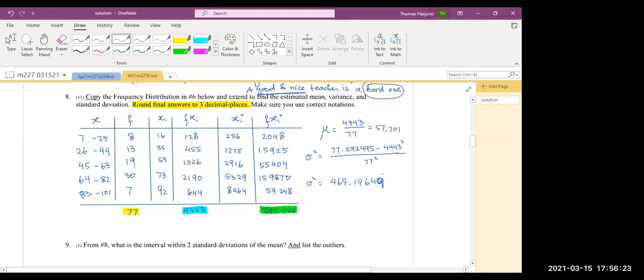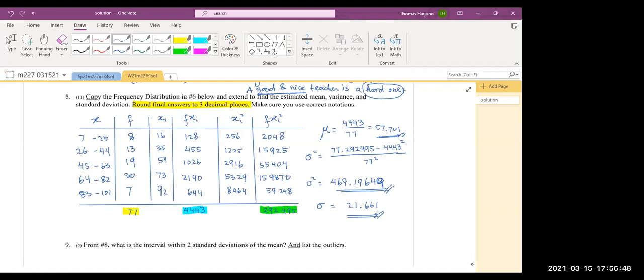Now then I will do square root from here. Okay, square root, then this will be 21.661 if I round it to 3 decimal places. Now I make it 5 decimal places for my variance because I know I need to square root that in the next step.